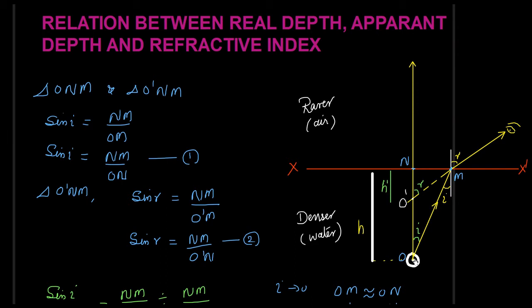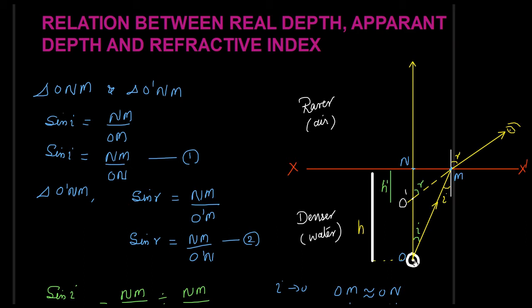A ray of light passes normal to the surface of separation, goes without any deviation. No refraction takes place to the ray ON.